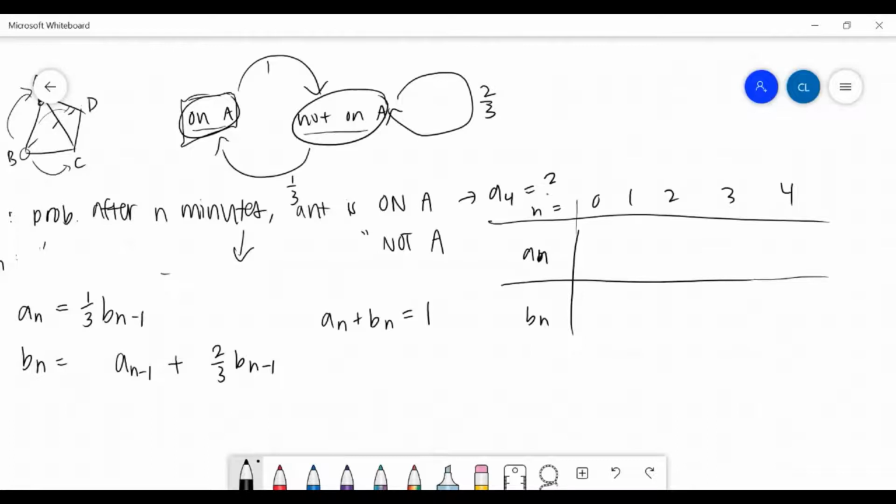So at the beginning, A_0 is the probability that after 0 minutes the ant is on A, and that's 1 because you already know it's on A. And similarly, B_0 is 0. And then you can start using these formulas here. So A_1 is equal to 1/3 of B_0, which is 0, and B_1 is equal to 1 plus 0, which is 1.